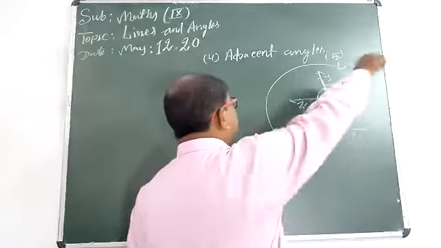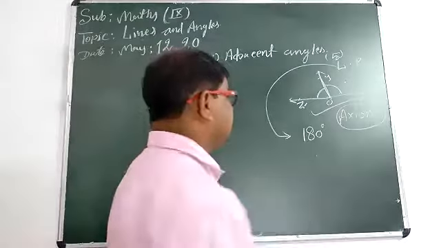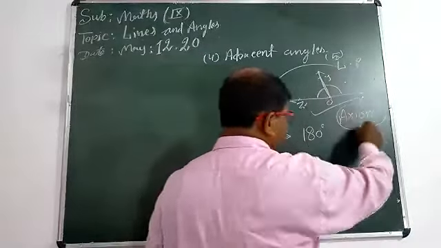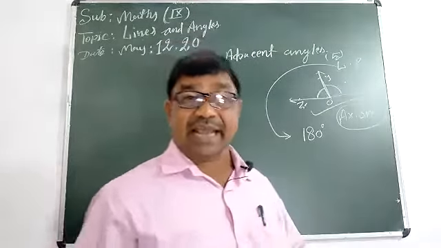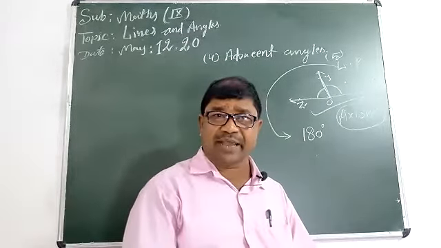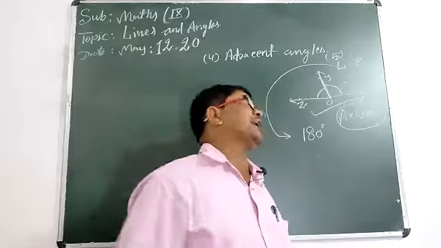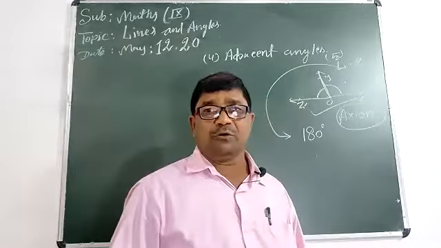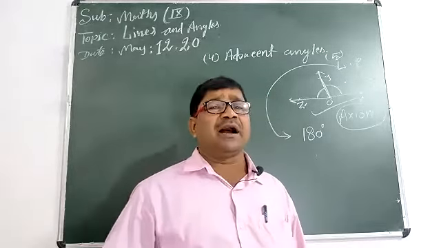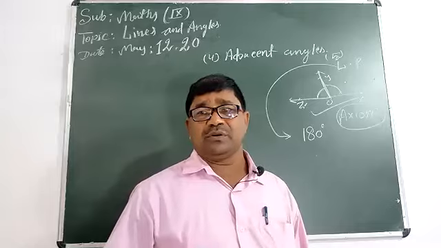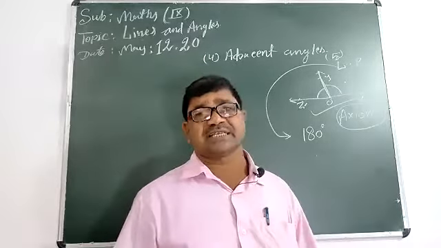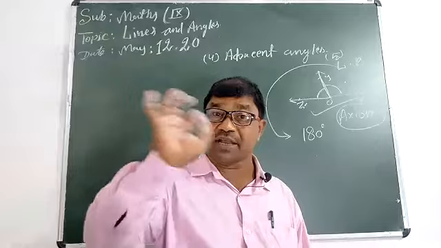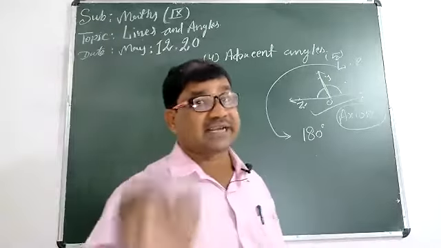So this type of pair of adjacent angles is called LP axiom, linear pair axiom. And axiom means the minor statement for which we need not give the proof in geometry, written by Euclid.